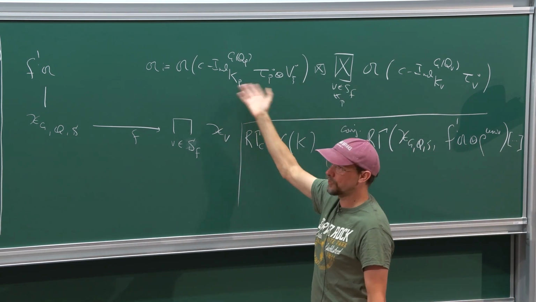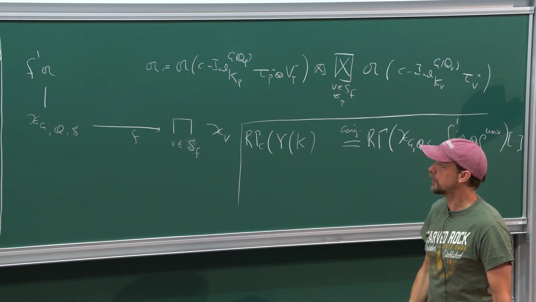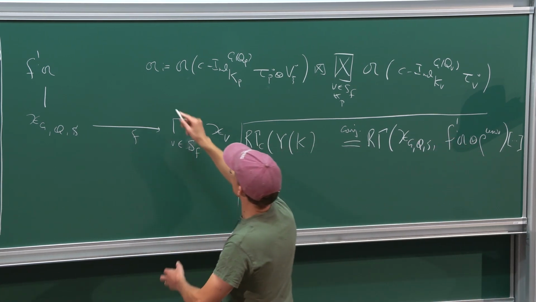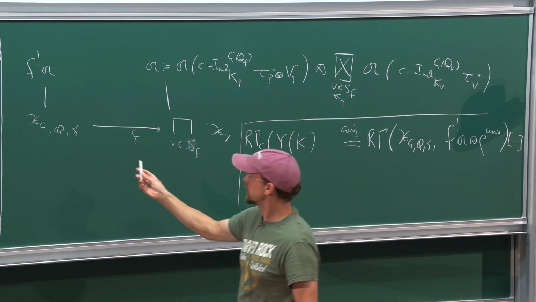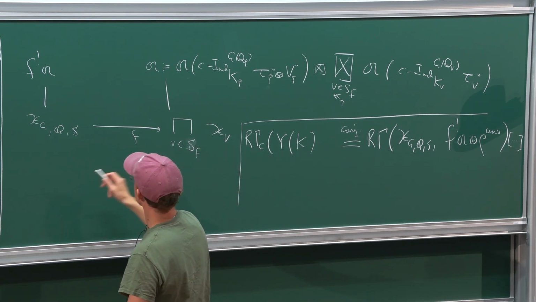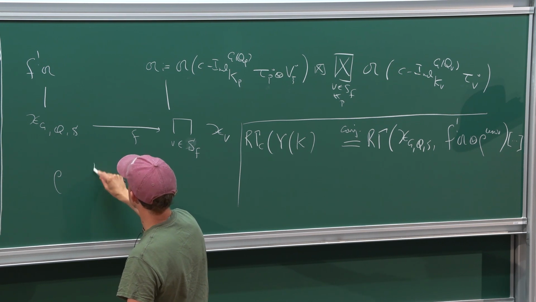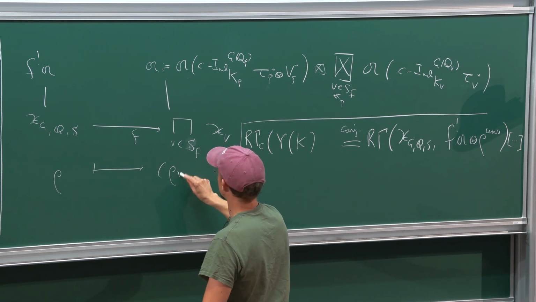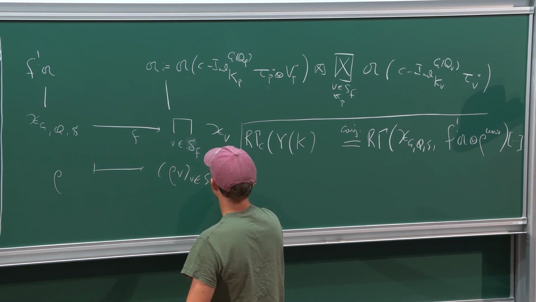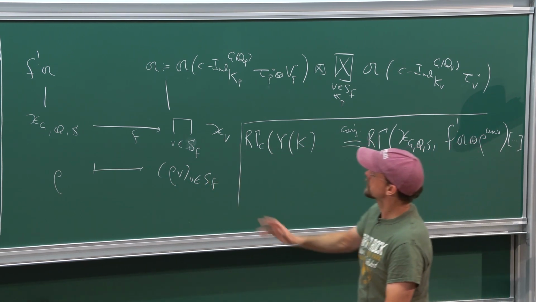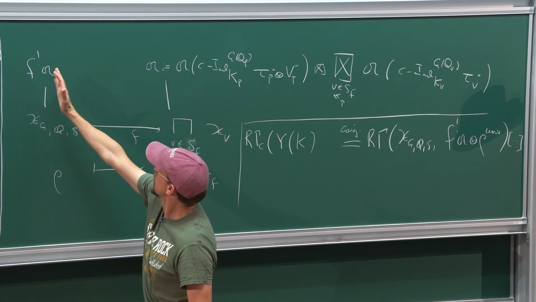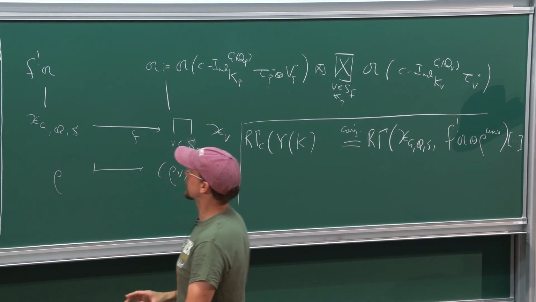And then you can exterior tensor all those coherent sheaves together, and you get a coherent sheaf living over this product. And then there's a global to local restriction map that takes a representation rho to the tuple of local representations, the restrictions at all these places. And under that map, you can pull back this coherent sheaf to get something on the global stack.